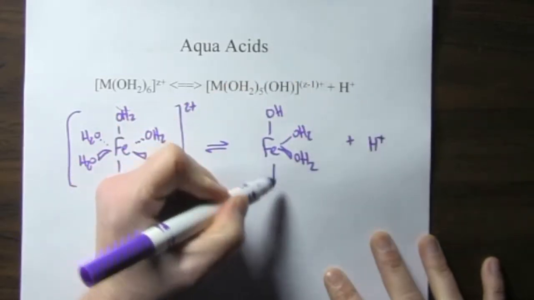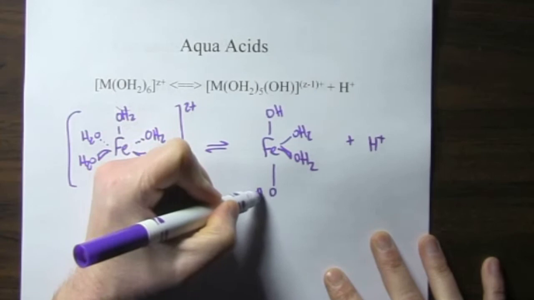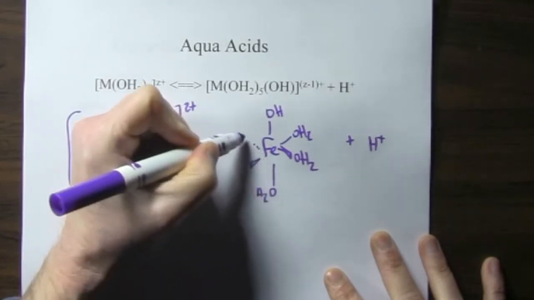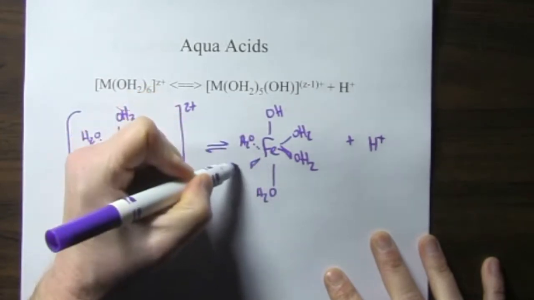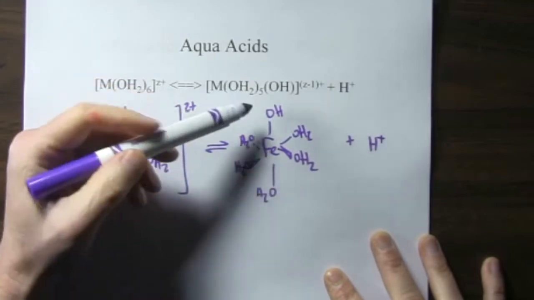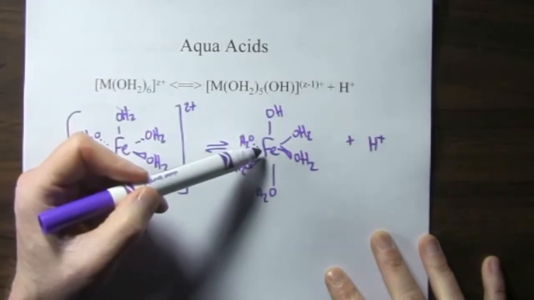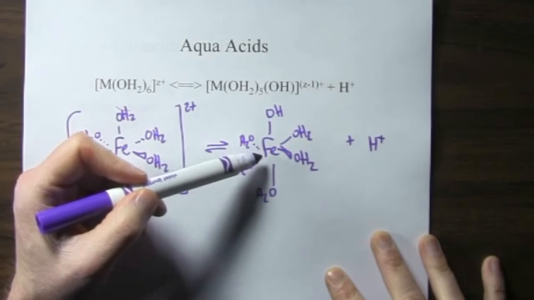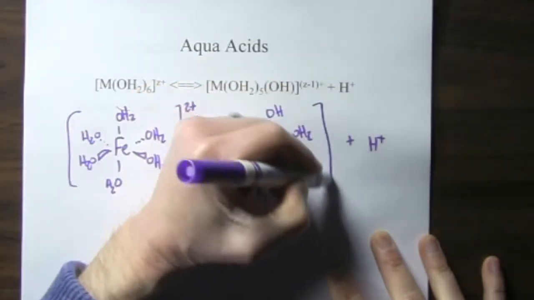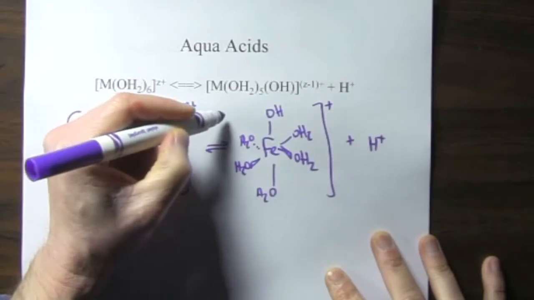It was acting as an acid. Since one of the waters turned into hydroxide, hydroxide has a -1 charge, the iron has a +2, so the total charge on this complex would be +1.